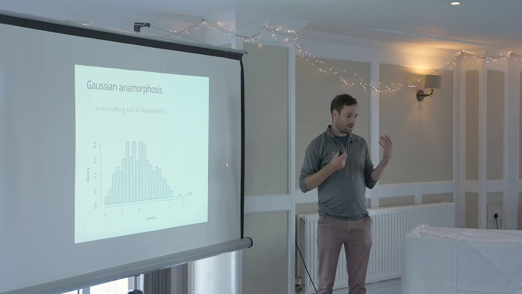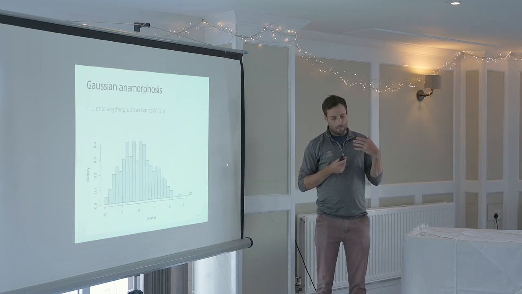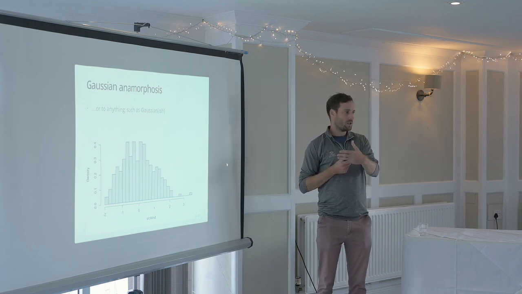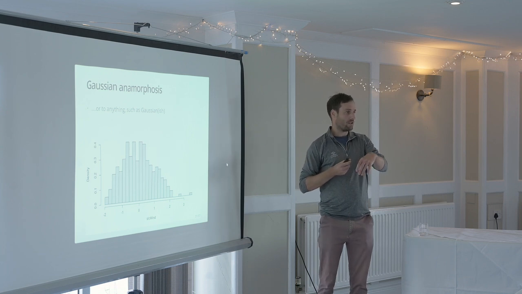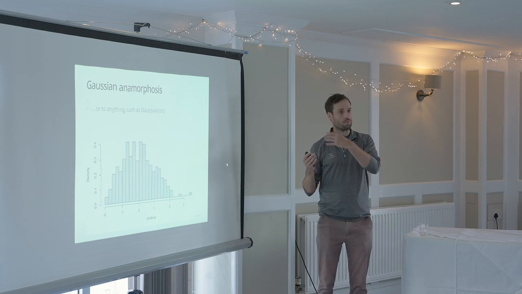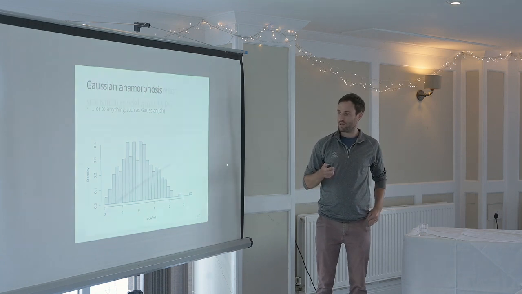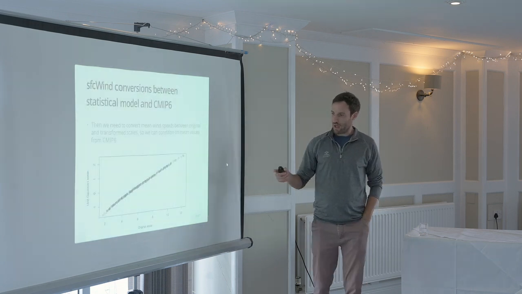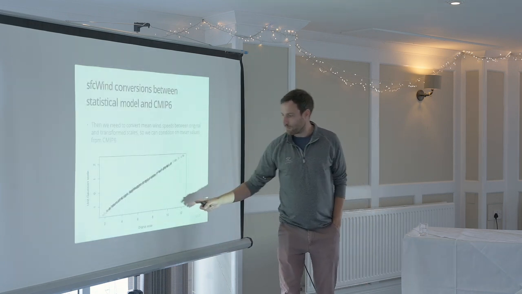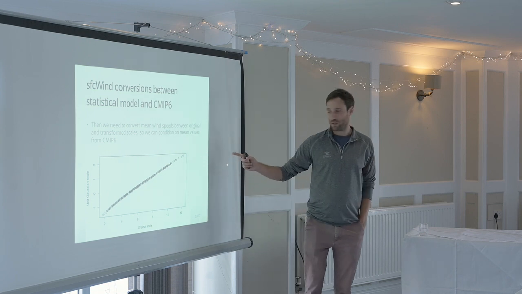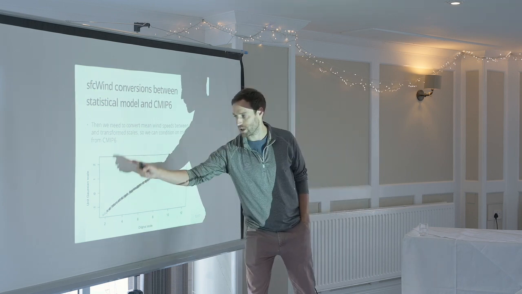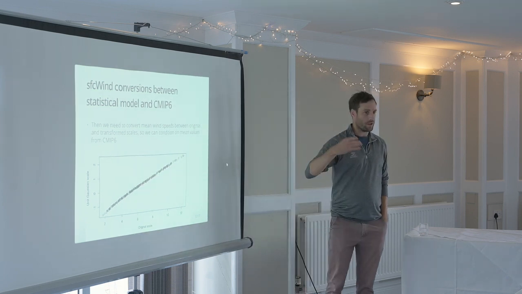So what we want to do is simulate our wind speed so that the mean wind speed is consistent with the mean wind speed of some kind of lower resolution model, so the mean wind speed coming out of CMIP6. Here are our original mean wind speeds that we want to match with our simulations. Here are our values when we try to convert things to being Gaussian.